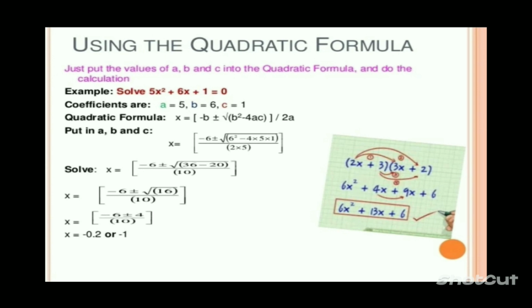Then x equals negative 6 plus or minus the square root of 16 over 10. So x equals negative 6 plus or minus 4 over 10. Then x equals negative 0.2 or negative 1.